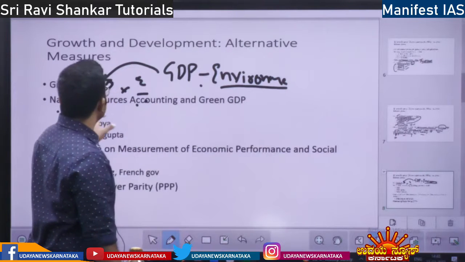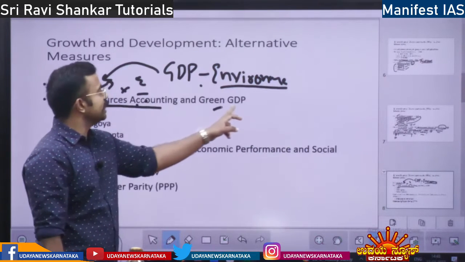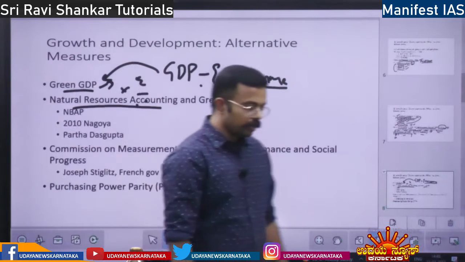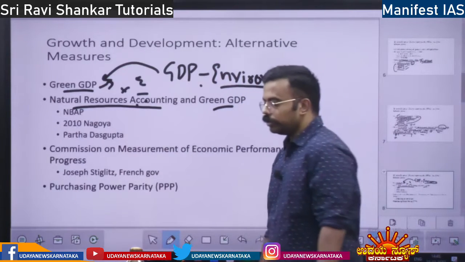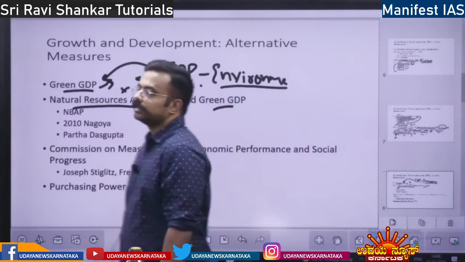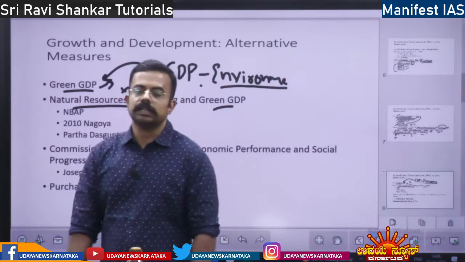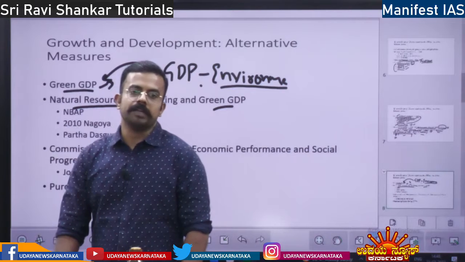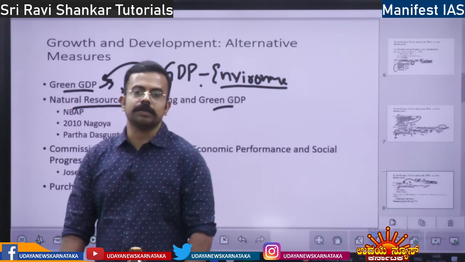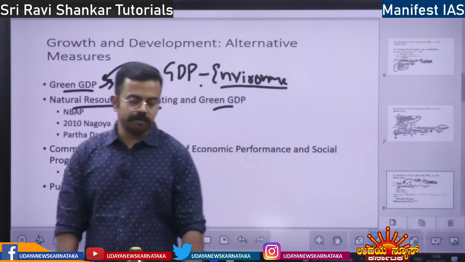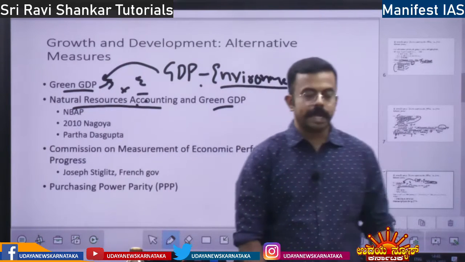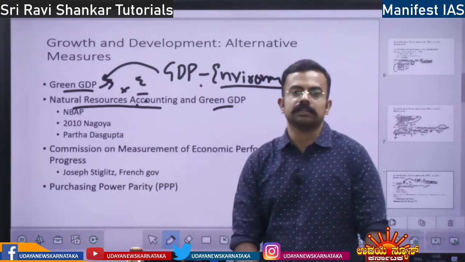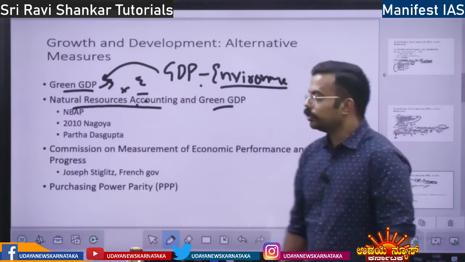So, natural resources accounting and green GDP. Can we measure the sunlight in terms of money? Can we measure clean water in terms of money? Can we measure good air in terms of money, good oxygen?